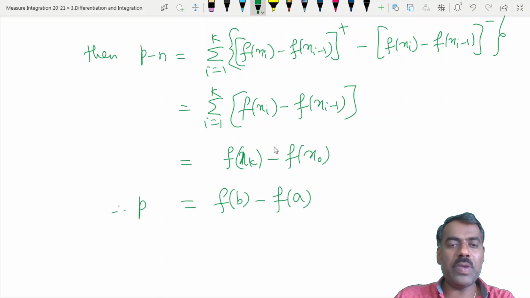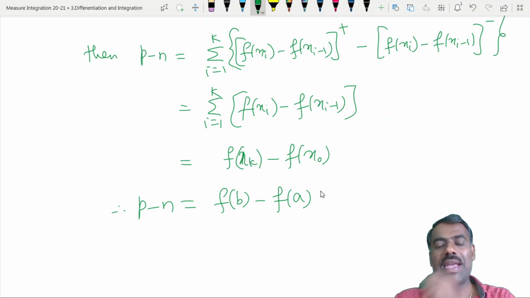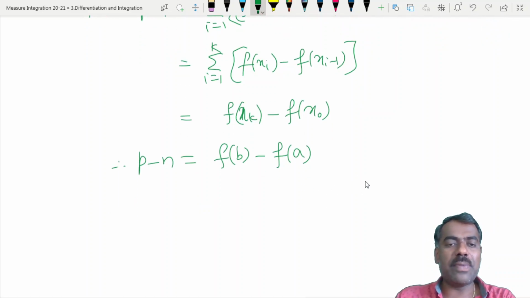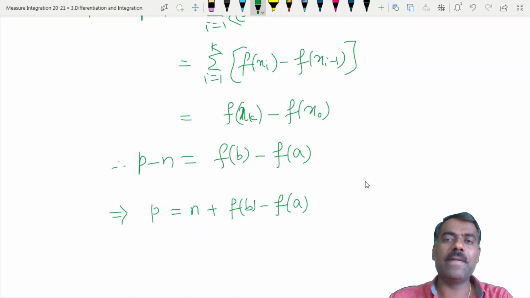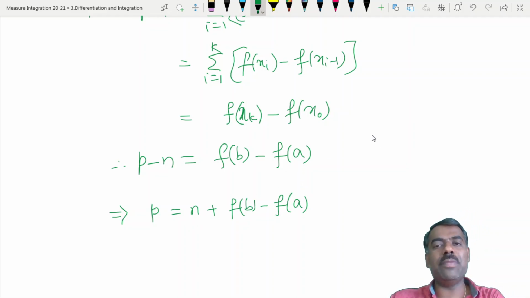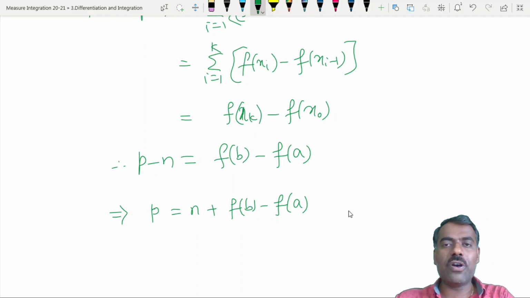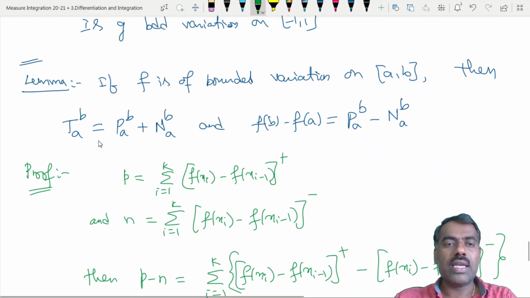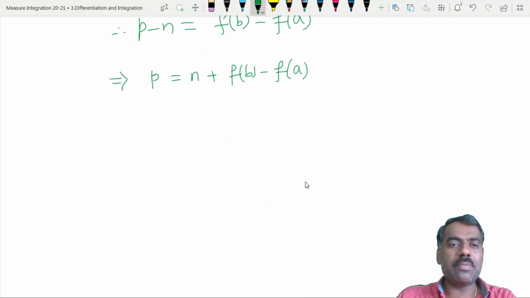Therefore P minus N is equal to f of b minus f of a. This implies P is equal to N plus f of b minus f of a. Therefore, what can you say about this T? T is equal to P plus N, which is the same as N plus this one.